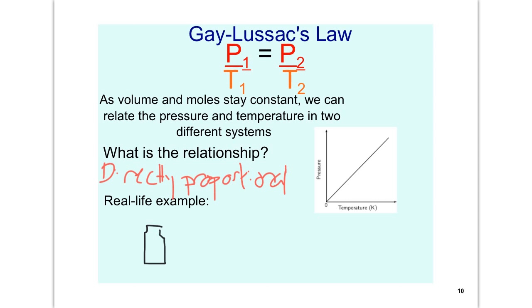Well, as the temperature inside that can starts to increase, those particles are going to start moving quicker and quicker and having more and more collisions within that container, therefore causing your pressure to increase as well. And eventually that pressure gets so big that your can now explodes everywhere because it wasn't able to change the volume to help make up for that pressure, so eventually the can ruptures.